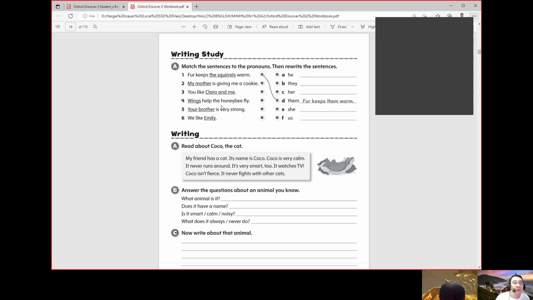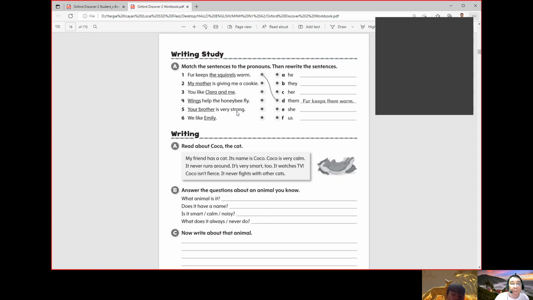They help the honeybee fly. Okay. So why did we answer they? Because the word wings is plural. So it's many, more than one. Therefore we have to use they. That's correct. Number five, Min. Your brother is very strong. Okay, so your brother is very strong.